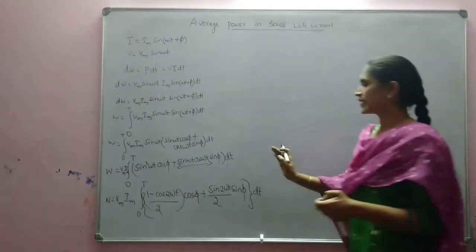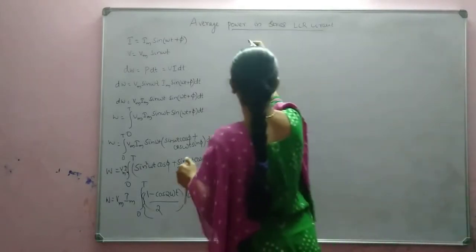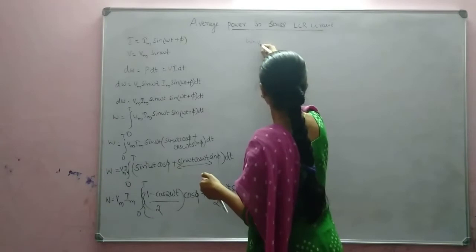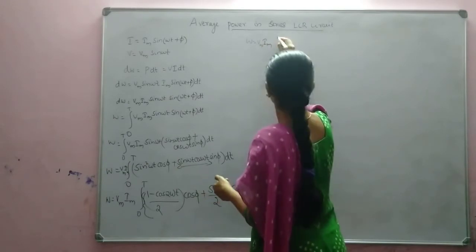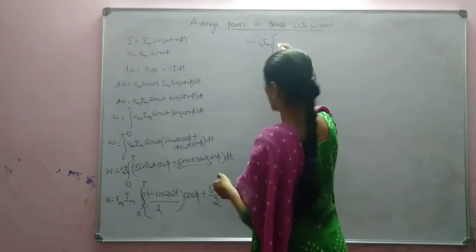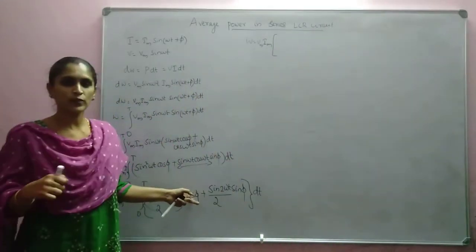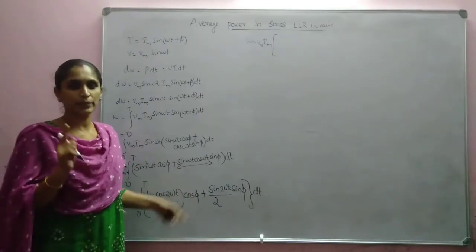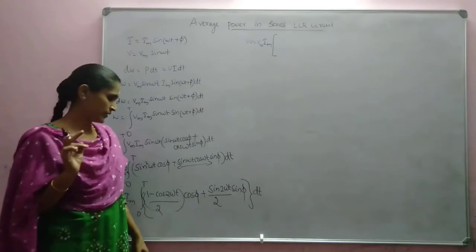Now we are integrating it separately. So we can write W is equal to Vm Im. Here from the first term we can take cos phi common. Why we can take cos phi? Because phi is constant for a given LCR circuit. It depends only on the value of Xc, XL and R. Okay.